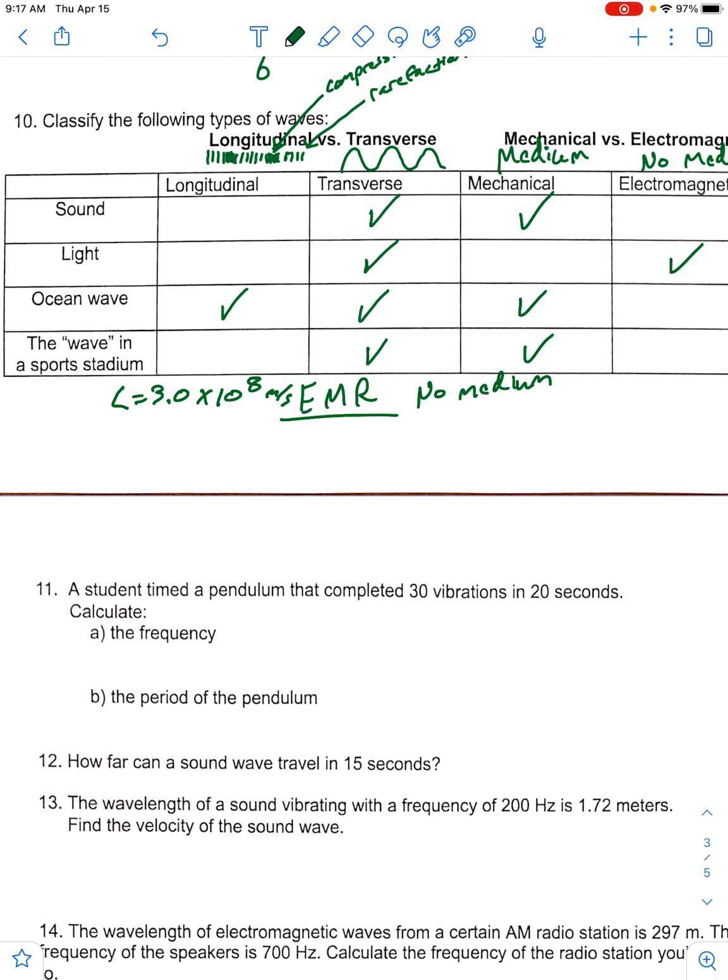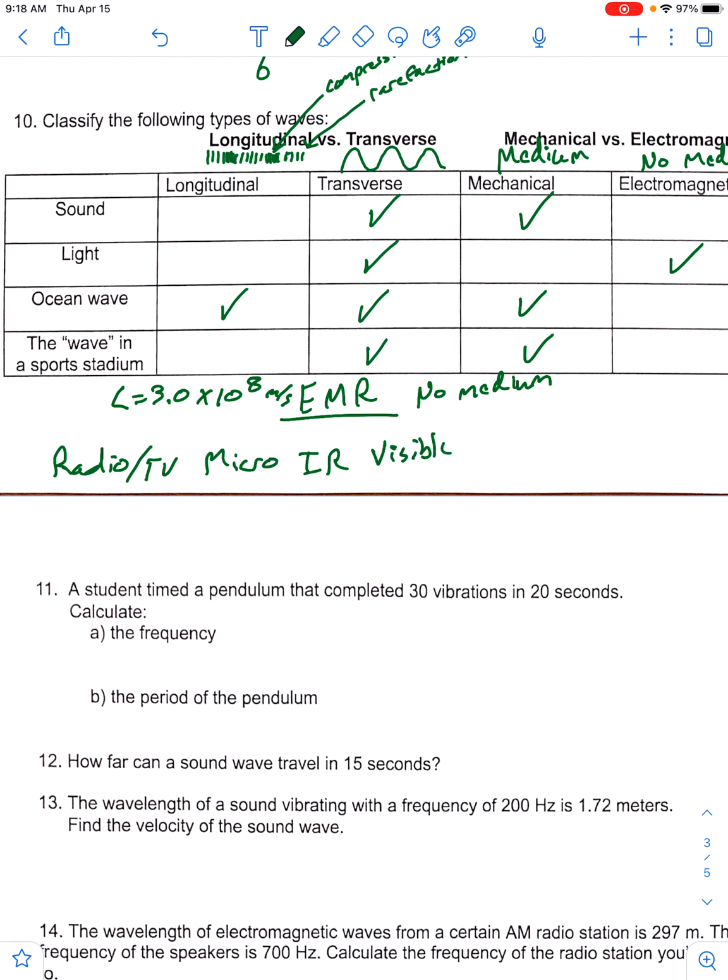So this you may remember from chemistry. You had the "real Martians invade Venus using X-ray guns" thing. So you had radio/TV, then you had microwaves, then you had infrared, then you had visible light.